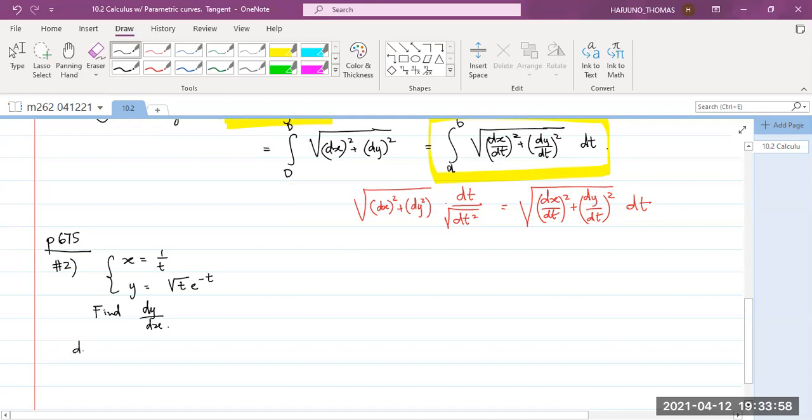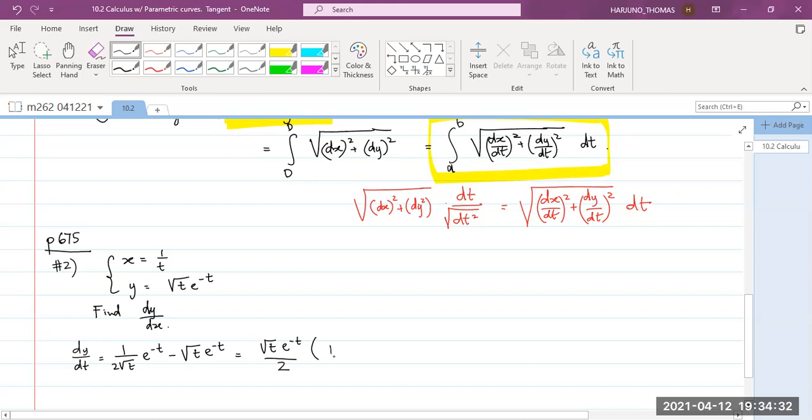So dy/dt first, the derivative of y with respect to t. That's 1 over 2 radical t e to the negative t minus square root of t e to the negative t. I think I can factor square root of t e to the negative t over 2.